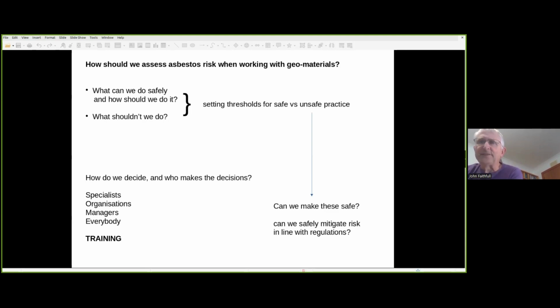And as with all health and safety, there are specialists involved, there's an organizational role, there are managers, and there is basically everybody. So there's a kind of information flow and training aspect to all of this. And currently, most of these areas on this slide are not adequately defined or even present. So there's quite a lot, I think, that we need to fill in terms of developing good practice.